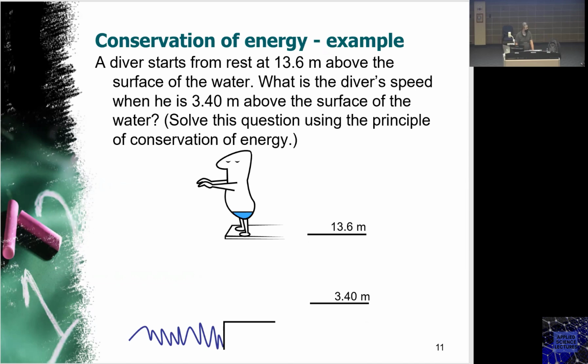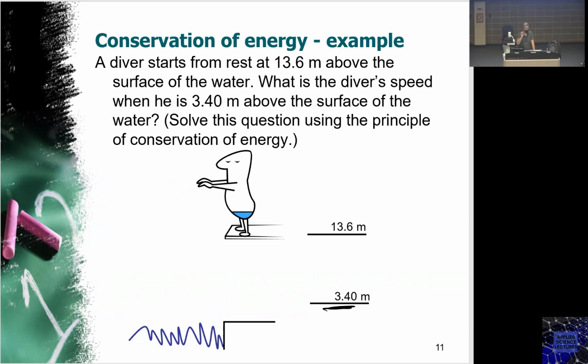Now let's look at this example, and try to implement the conservation of energy approach that we talked about to solve for the speed at this point. The question reads the following: a diver starts from rest at 13.6 meters. The words from rest mean speed is 0, which also means kinetic energy is 0.